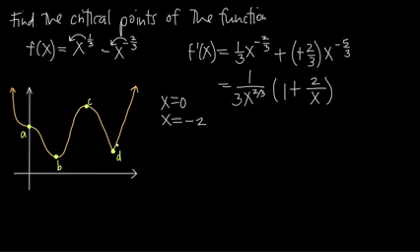So D here is an example of why we have to look for values of x that make the derivative function undefined. The reason we have to look for values of x that make the derivative function equal to 0 is to identify critical points like B and C here. You can see that B and C are critical points because they represent points where the function changes direction.